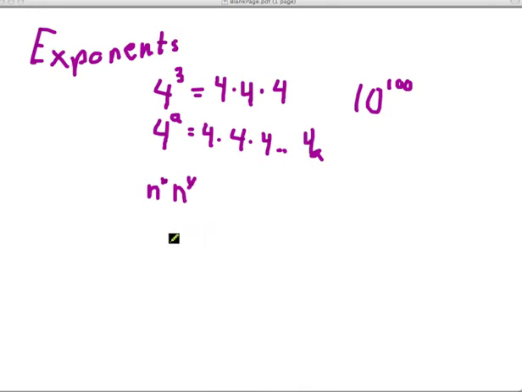So if we have 4 to the third times 4 squared, that literally means 4 times 4 times 4, and then 4 times 4. So now we have 5 4s. We can just rewrite that as 4 to the 5th.